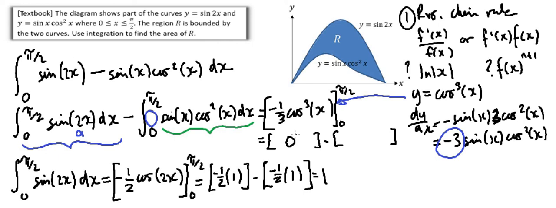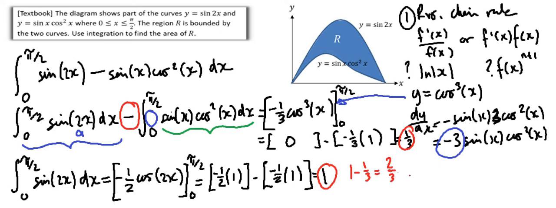And then I'm going to do cos of 0, which is 1 cubed, that's 1, so I've got minus a third times 1, which equals a third. Now remember my function is the first integral minus the second, so my answer is 1 minus a third, that equals 2/3, which is the correct answer.